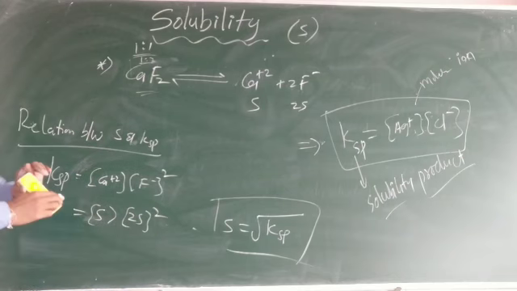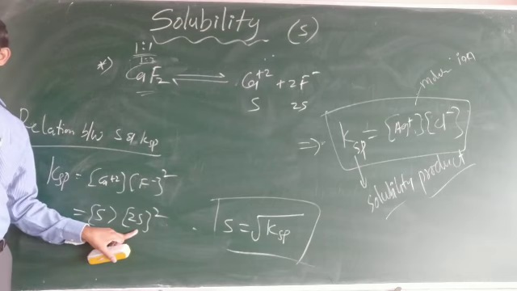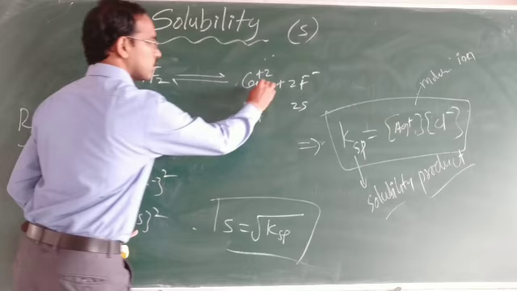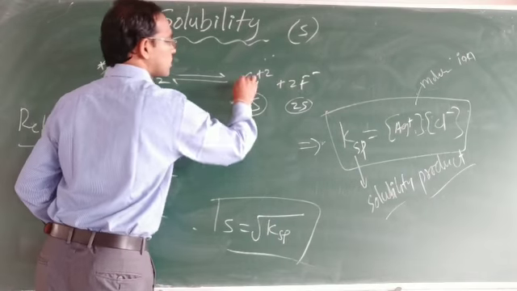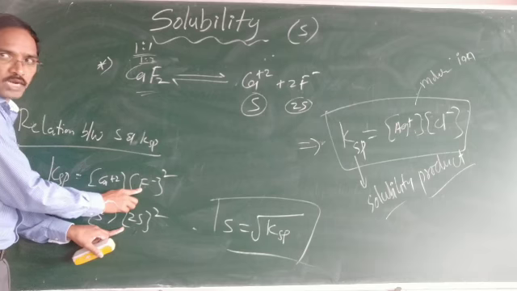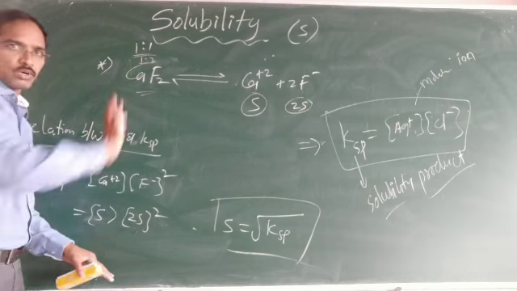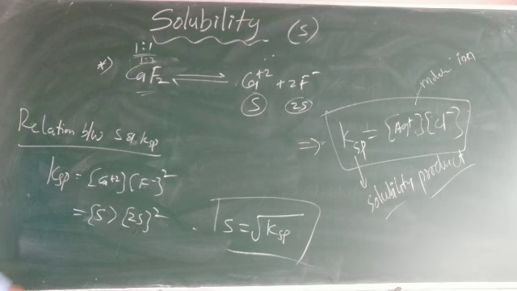Many students will get confused and write S here. Don't confuse; don't make the same mistake. S and 2S come according to the balanced equation. For fluoride you have to take 2S as it is, and its square will be there.